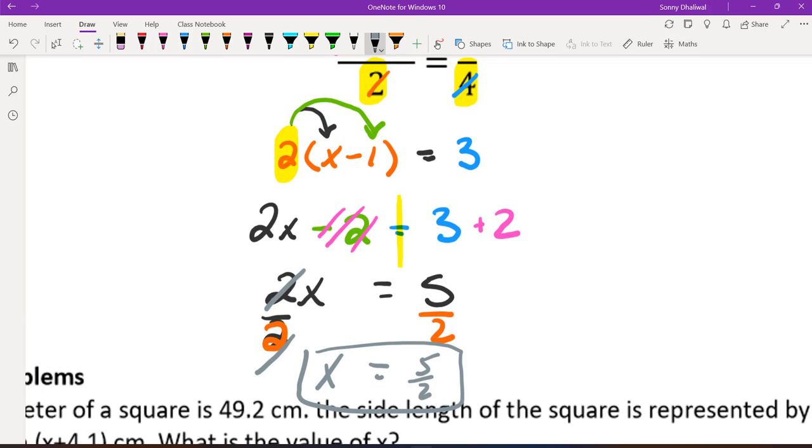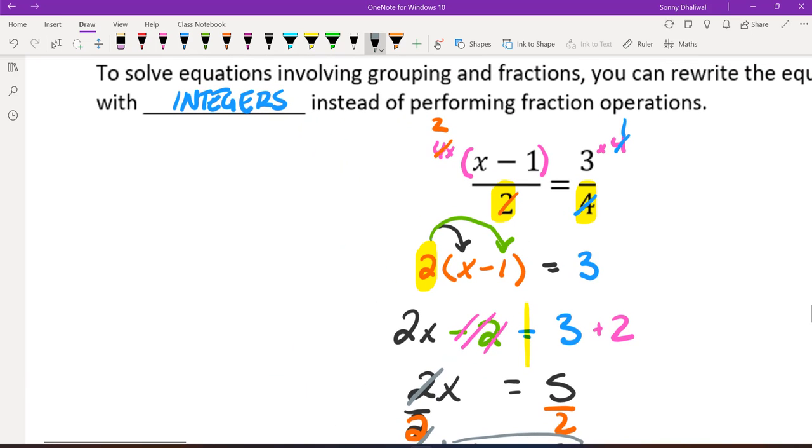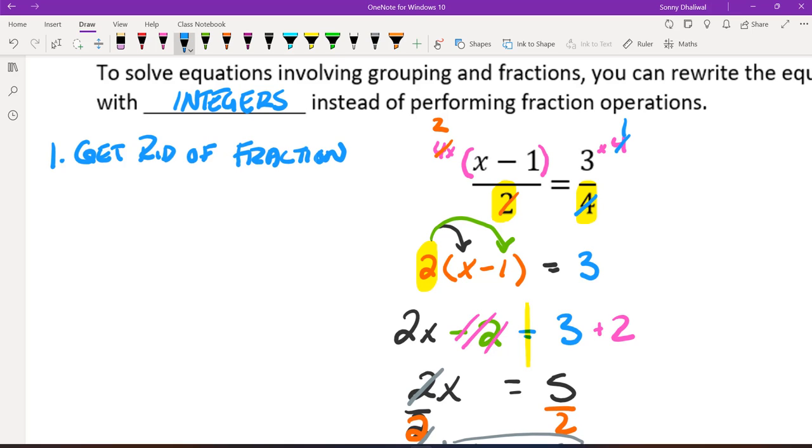So we've added an extra step in. Right? So you see fractions? Step 1, get rid of fractions. Use the common denominator. That's the process we use.